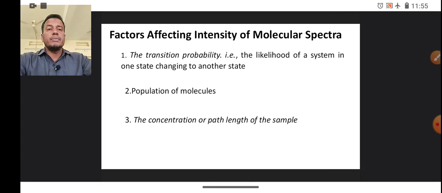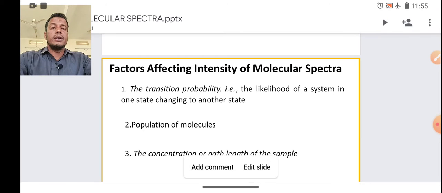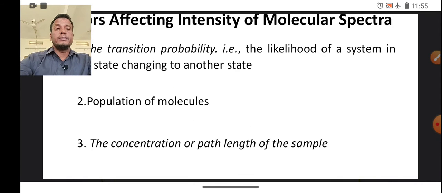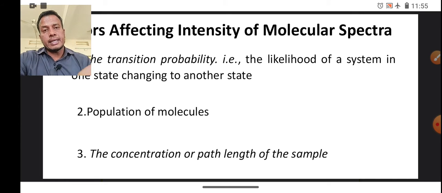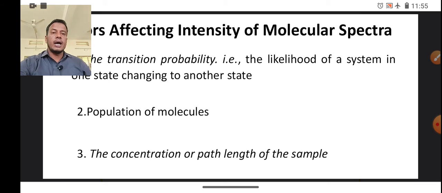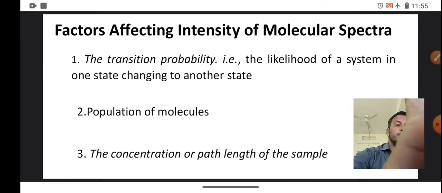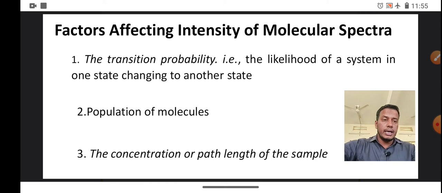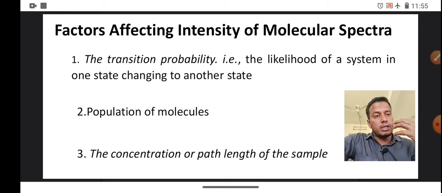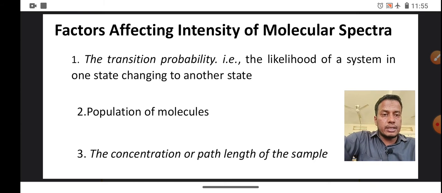These band structures are affected by the transition probability, that is, how molecules transit from one energy level to another, and by the populations of the molecules, that is, how many molecules are present to form the spectra, along with their concentration and the path length of the sample.